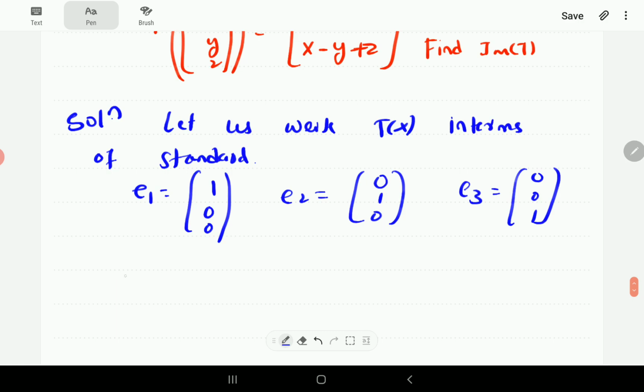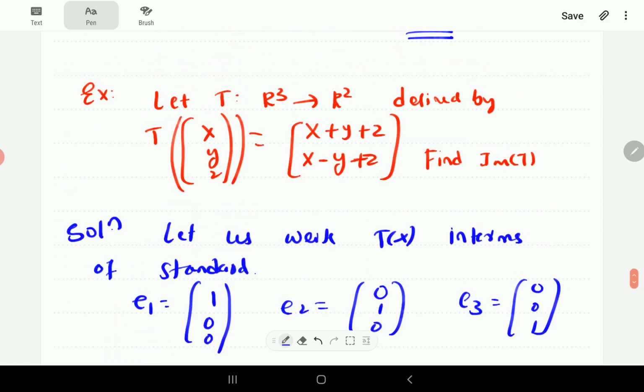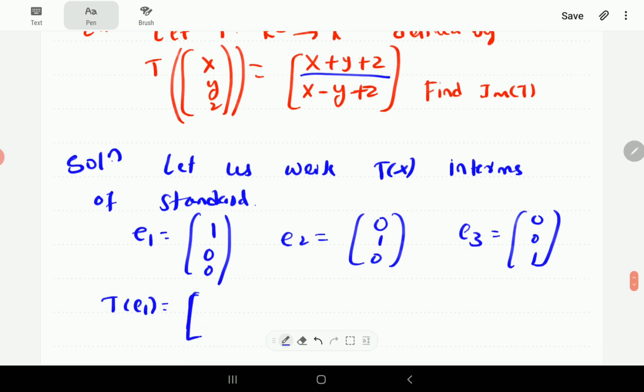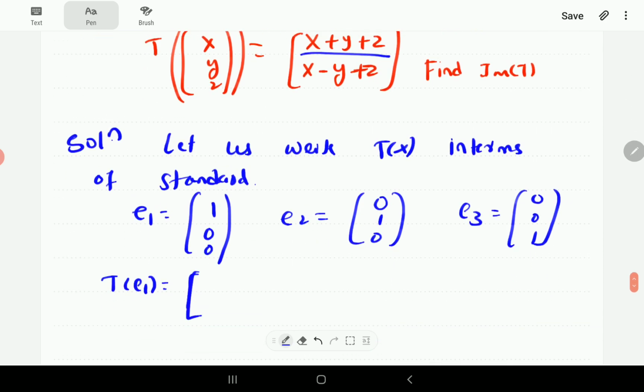Now let us compute T of E1. As you know, it is R3 to R2. If it is (x, y, z), this is how we define: (x plus y plus z, x minus y plus z). Now T of E1 means x plus y plus z, so 1 plus 0 plus 0, and the second one is x minus y plus z, which is 1 again.